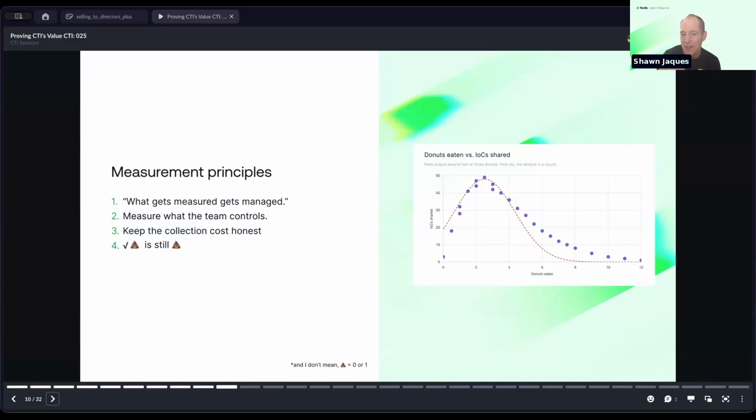As you eat a few more donuts, the number of IOCs you can share goes up, but then eventually, you eat too many donuts and it has to go down, of course. But it's also a statement that picking the right metrics is really important. The ones that aren't really moving the program forward are often the ones that are easy to measure. It doesn't mean that those are the ones you should focus on.